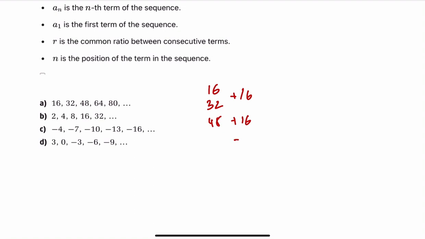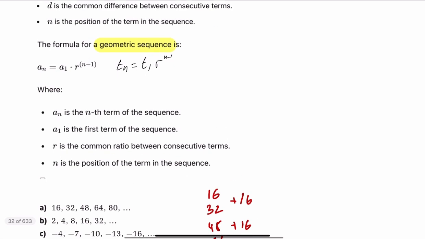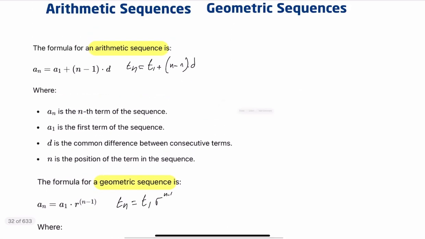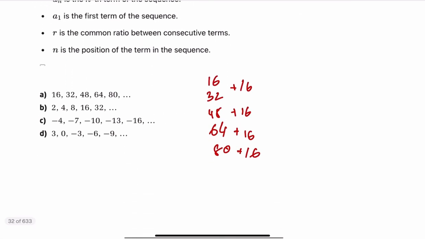If I add another 16, how much is it? I will get 64. Plus 16, I will get 80. Perfect. So this example is an arithmetic sequence because we are adding the same number over and over again.